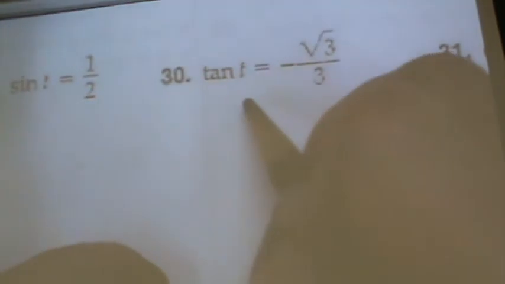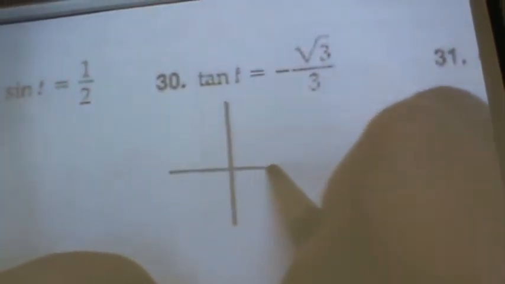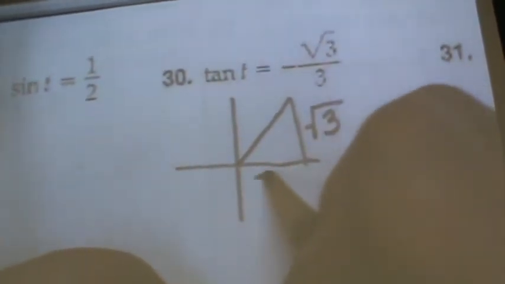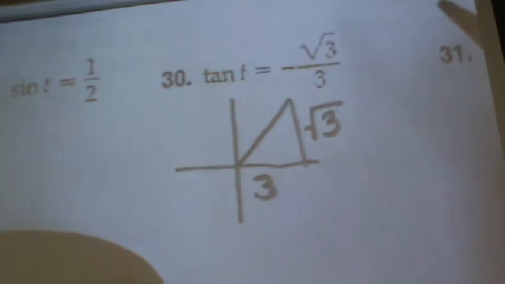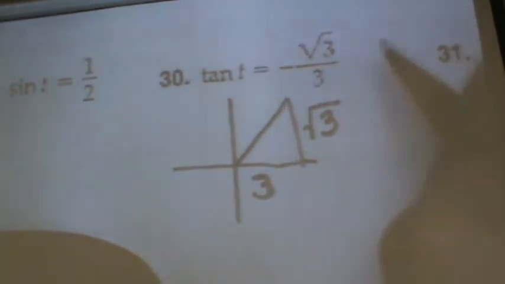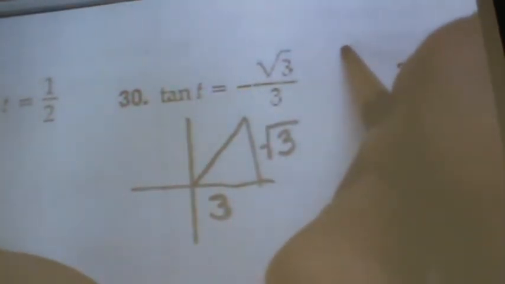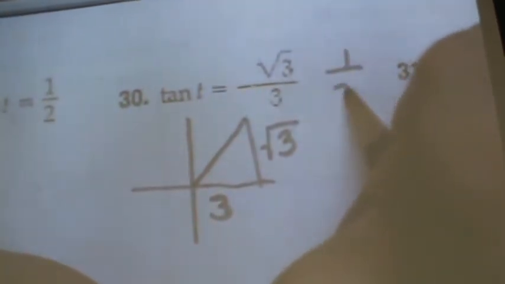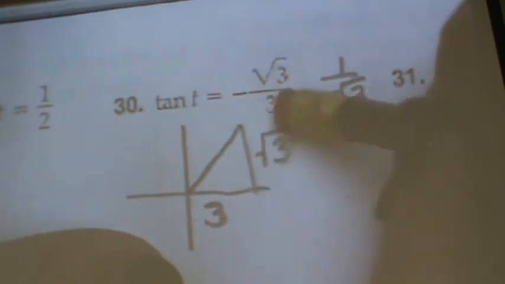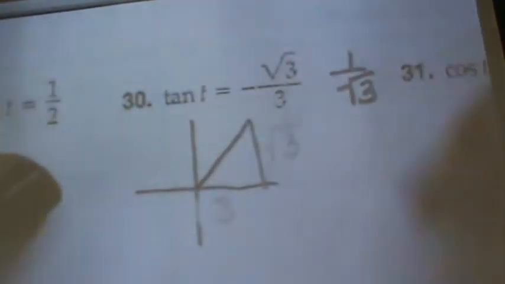30. Okay, let's see what angle we are. We're going to name this side root 3 and this side 3. What triangle is this? If you unrationalize this, it's 1 over root 3, so it's a 30, 60, 90.